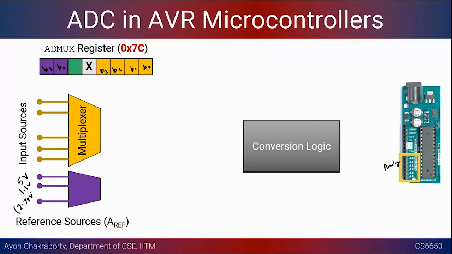That is also possible. So if you are trying to read the analog reference voltage from outside, you can put that particular voltage and then use it for the ADC conversion. And this, as you understand, goes to your ADC conversion logic, which has the conversion logic as well as the successive approximation register inside it.